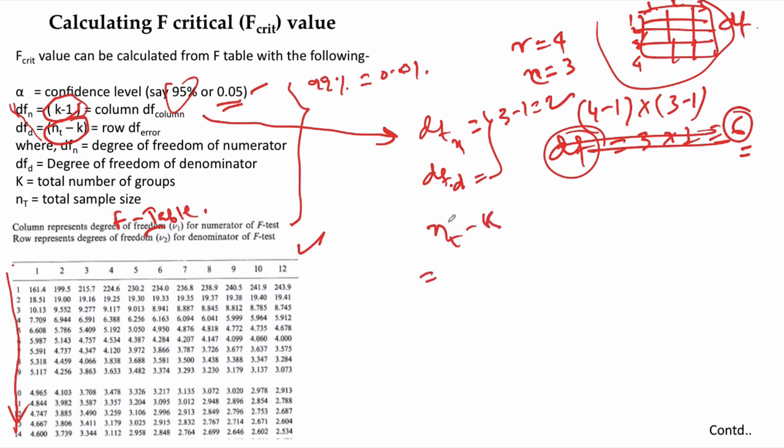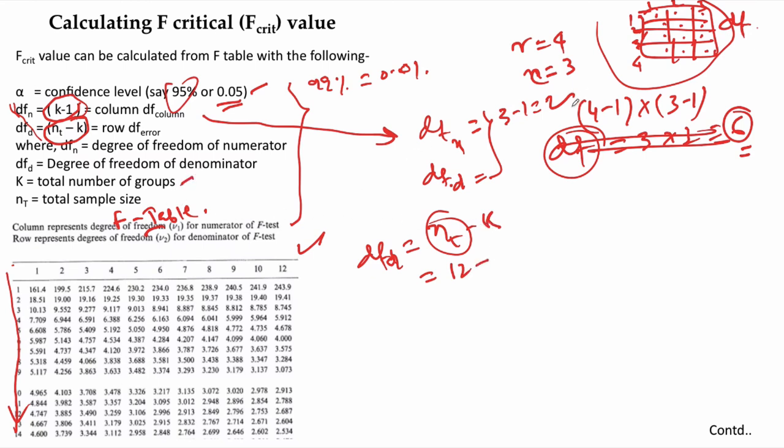Now nt is the total sample size. If this is the table, what is the total sample size? 1 2 3 4 5 6 7 8 9 10 11 12, correct? So we have a total of 12 samples, so this is 12 minus k. K is the number of groups.